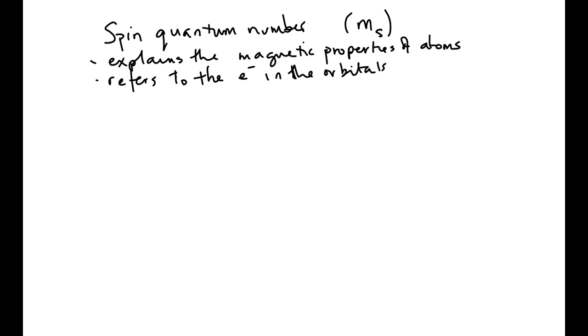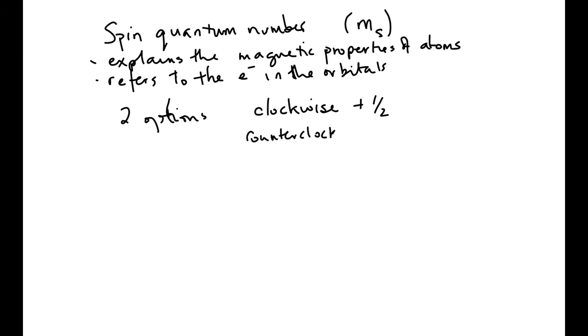There's only two options, and it's basically a rotation. So you either have a clockwise rotation and your value is plus 1/2, or you have a counterclockwise rotation and your value is negative 1/2.